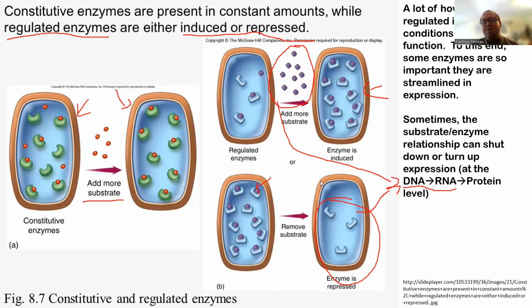So I like to call these regulatable. A lot of biology, and I think even the textbook, calls them inducible or repressible enzymes. But in reality, any enzyme can be induced and repressed. Once an inducible enzyme has dealt with all of the substrate, you've induced it to be at a higher level, but it did initially exist in a repressed state.